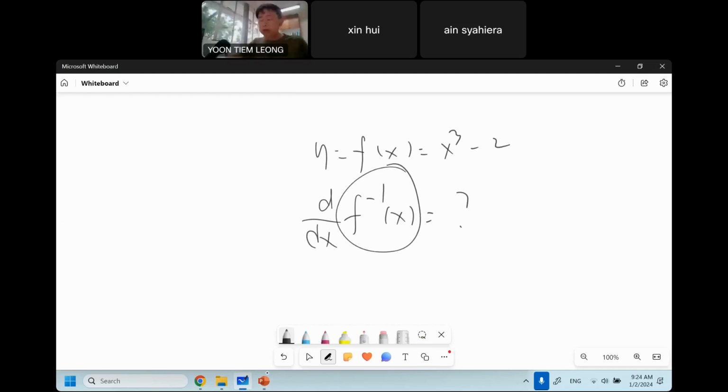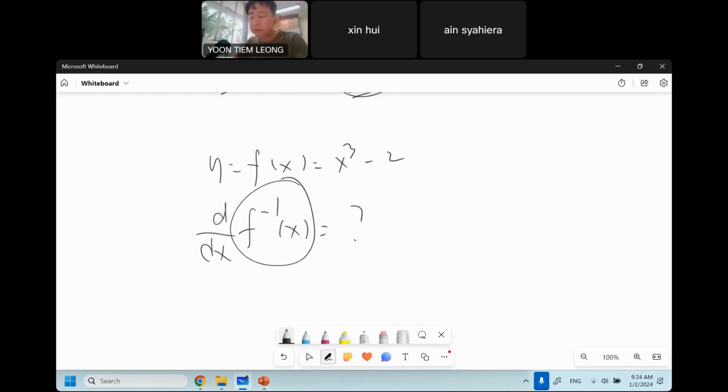In order to obtain the derivative, you don't have to calculate the inverse of the function. Remember, to calculate the inverse of the function, you have to go through a procedure where you make x the subject of the formula, then you replace all the x by y and y by x, and then you express the right-hand side of your formula as f inverse.